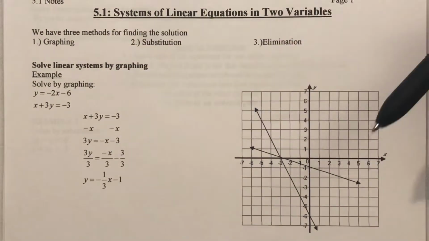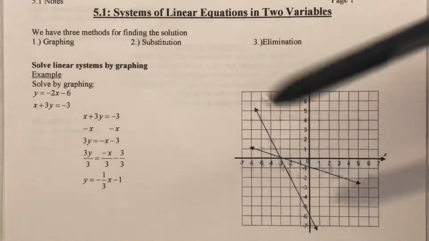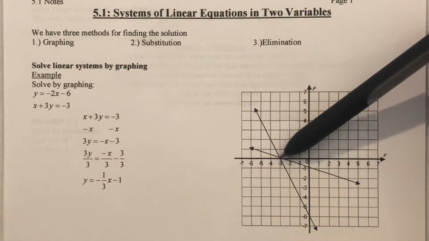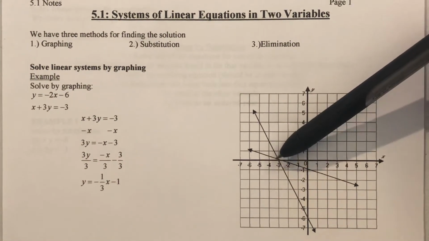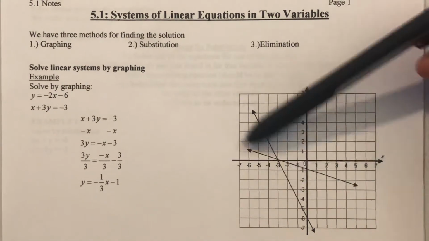Graphing gives us insight as to what we're really doing when we solve a system. When you solve a system, you are looking for the xy pair that solves both equations, or, graphically speaking, a point that exists on both lines.